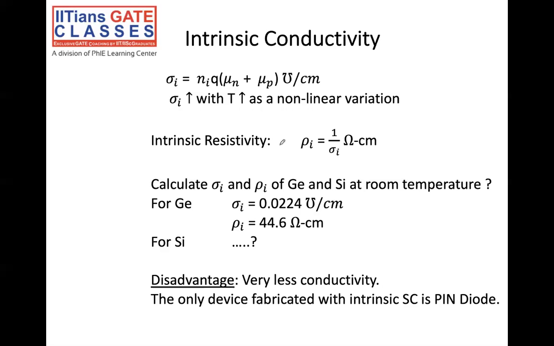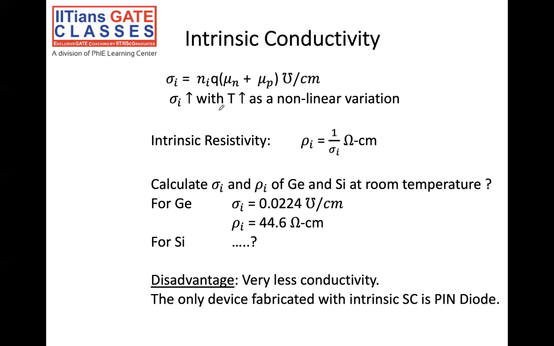So concentration is Ni for electron and for hole. So the expression for sigma I is concentration, that is Ni, into charge into mobility of electron, plus the concentration of hole into charge into mobility of hole. So sum of these two. That is why this expression says sigma I is equal to Ni into Q into mu n plus mu p. This is mho per centimeter.